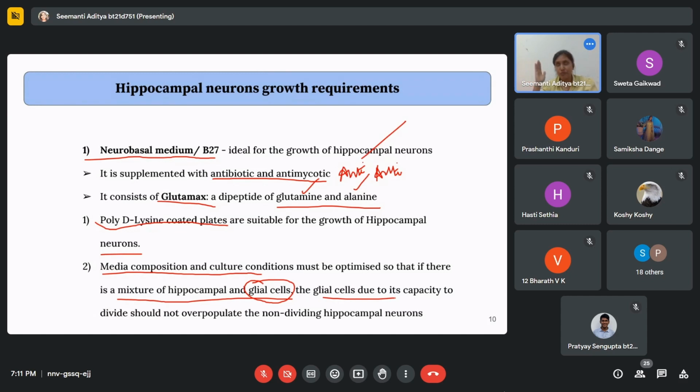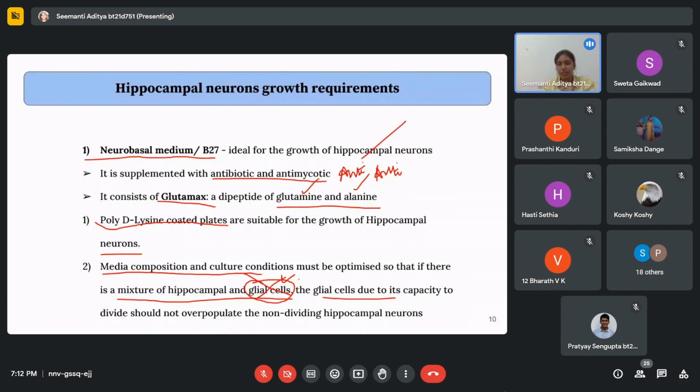So we have to optimize the media composition in such a way that it supports the growth of only hippocampal neurons and not the glial cells, because we don't want the glial cells to divide and replicate very fast compared to the hippocampal neurons.